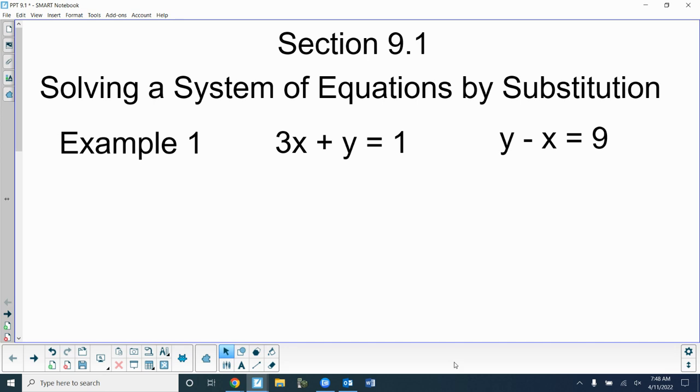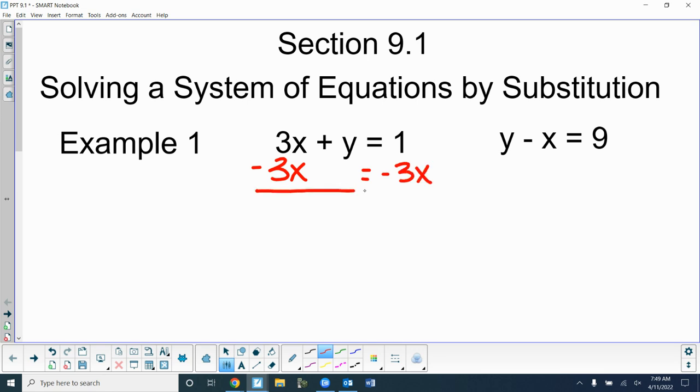You can get that 3X by itself if you want, but you're going to end up dividing by 3 and get some fractions probably. So try to avoid the fractions: get one of the variables by itself that doesn't have a number in front. Then you don't have to divide. So I'm just going to get this Y on the left by itself to start this problem.